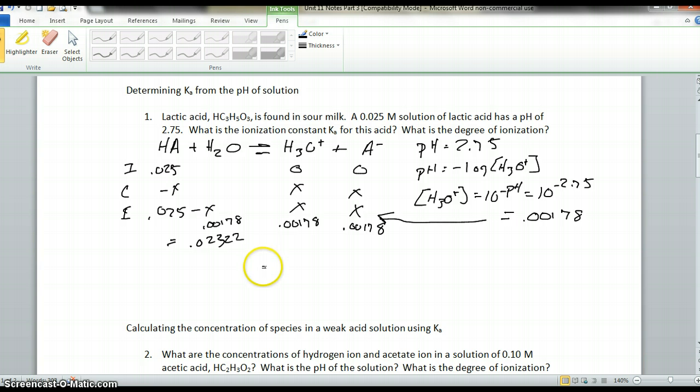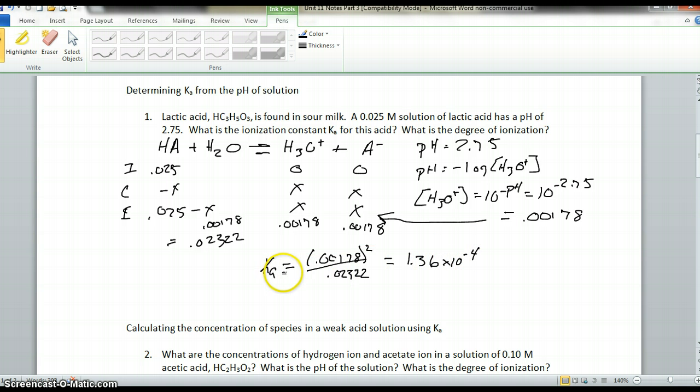So now when we solve for Ka, Ka is our products, H3O plus times A minus, just using the expression from up above in the notes, so 0.00178 squared over 0.02322. And when you solve for that, you get 1.36 times 10 to the negative fourth. That's our value for Ka.